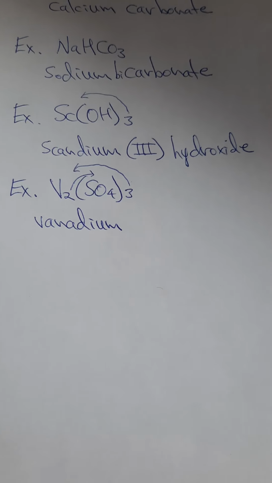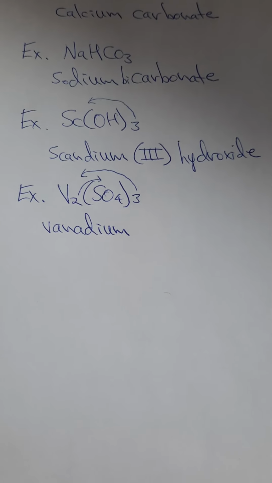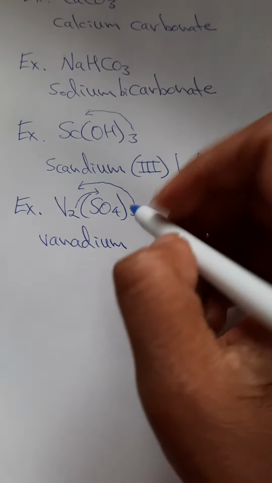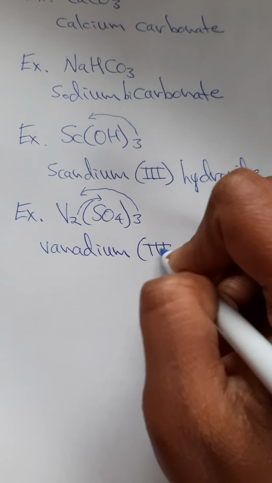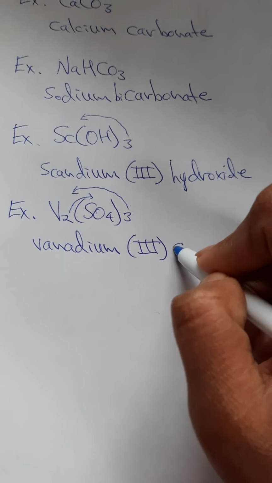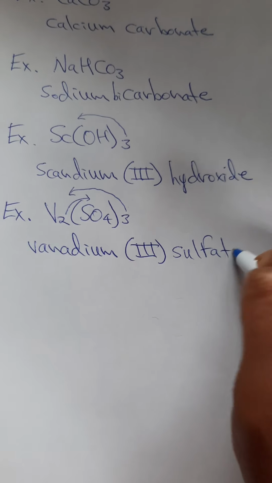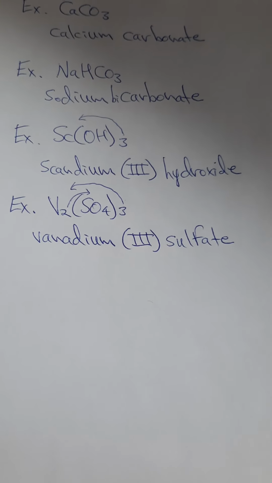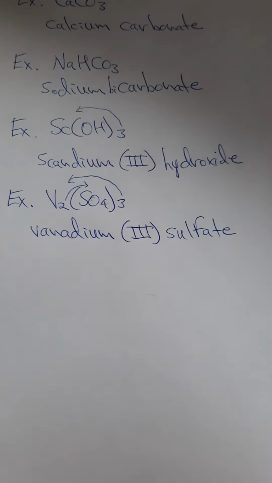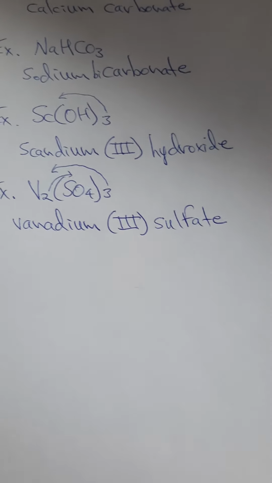Does everyone see that? So I'm going to write it in brackets. It's going to be vanadium, brackets like 3, SO4, which is sulfate. So it becomes vanadium(III) sulfate, okay?